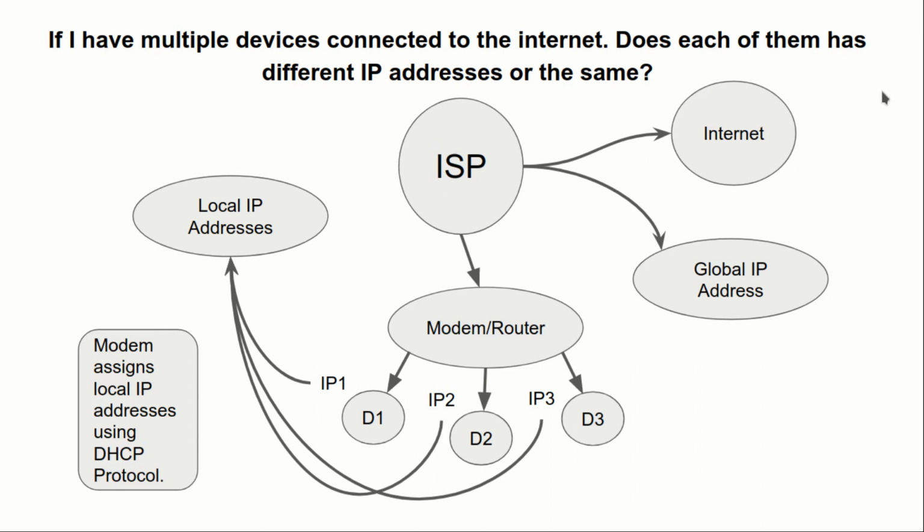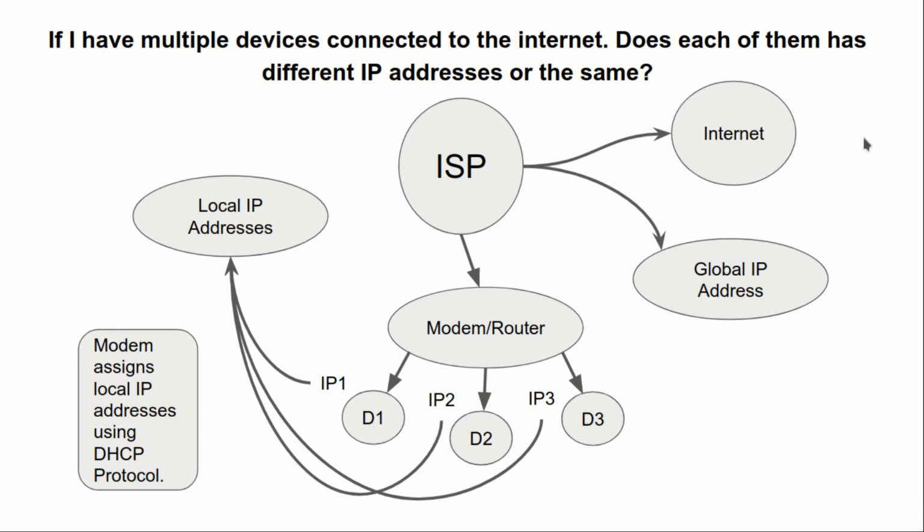The server will identify these three requests with the help of the global IP address, that this global IP address has sent me these three requests. Because these local IP addresses will not be identified on the server, only the global IP address will be identified there.